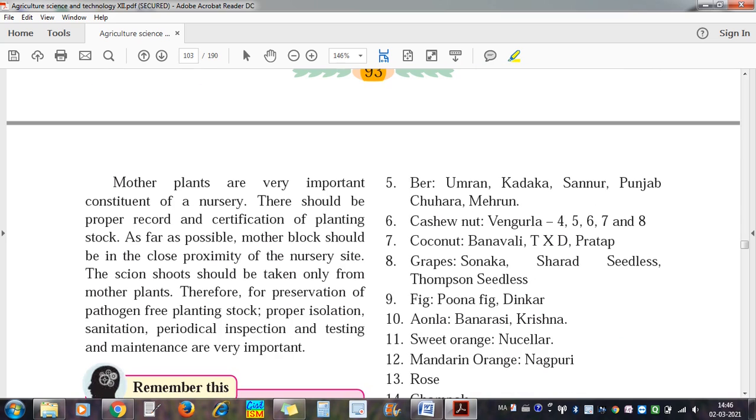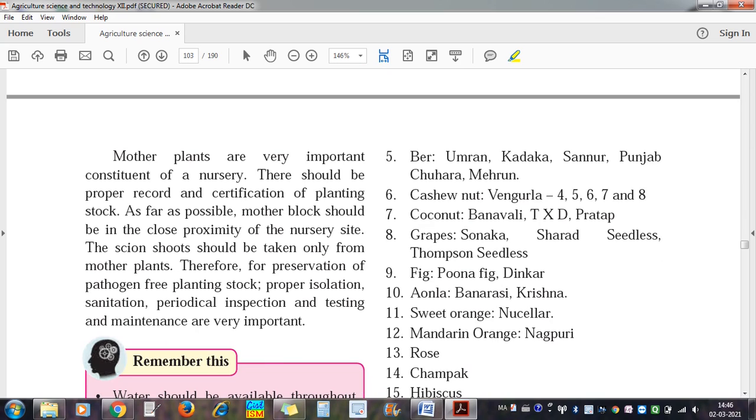These mother plants are very important constituents of a nursery. Please remember this sentence, because if the mother plants are not available or are of poor quality, then the production of seedlings will not be significant or of good quality.